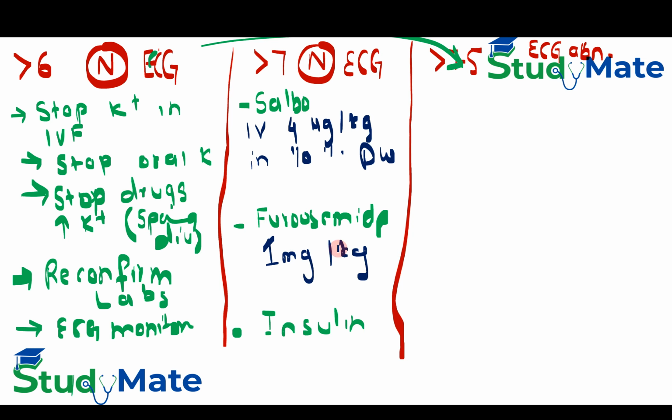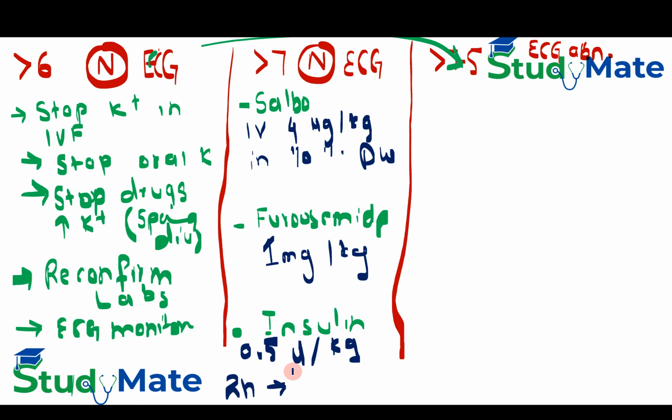And insulin. For insulin, you need to remember that insulin needs to be given with glucose. And the dose is 0.5 units per kg. And glucose needs to be monitored for 2 hours total, during the infusion and 2 hours after the infusion.